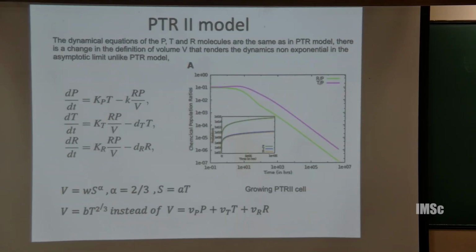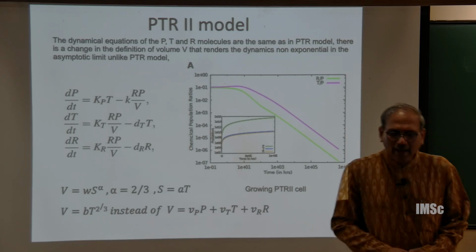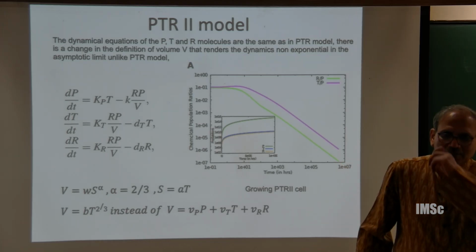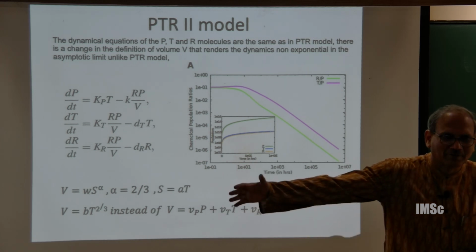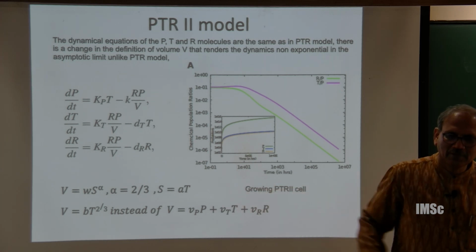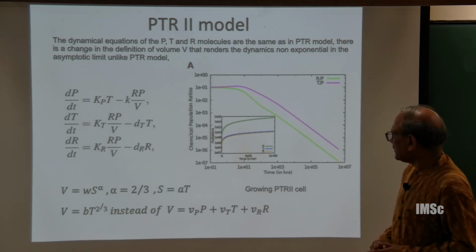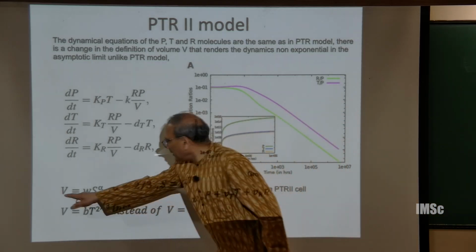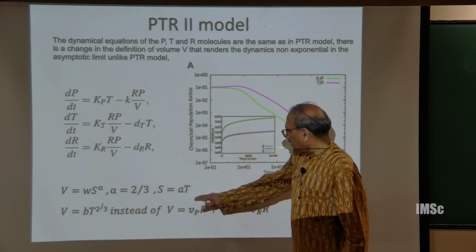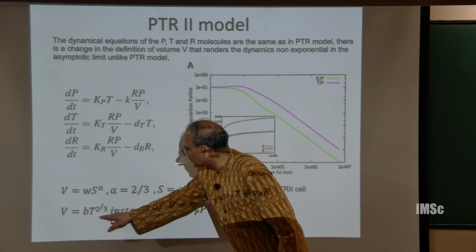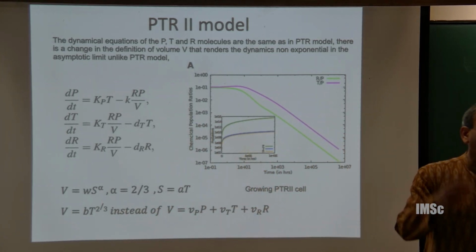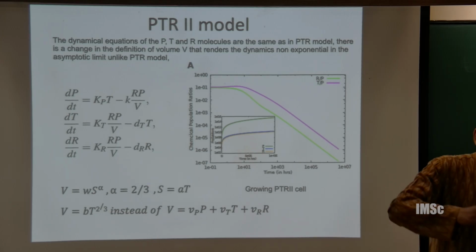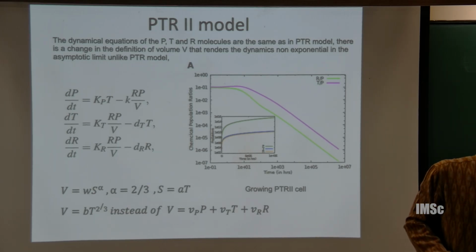So you might ask, supposing I take the same model and I make a different ansatz for V. We've made an ansatz in which V is a linear function of the populations. But supposing we make an ansatz in which V is not a linear function, but let's say it's t to the 2/3. Supposing we just make an ansatz which departs from that linearity assumption.